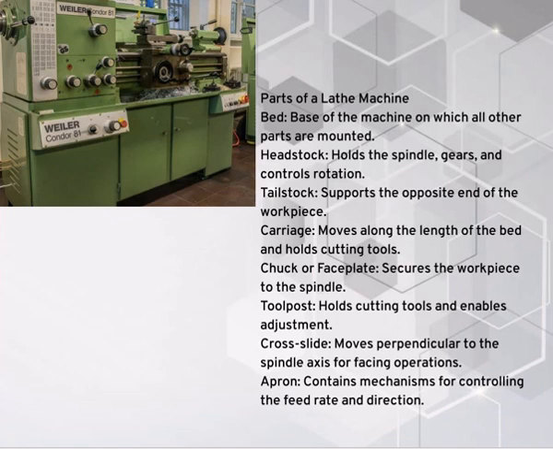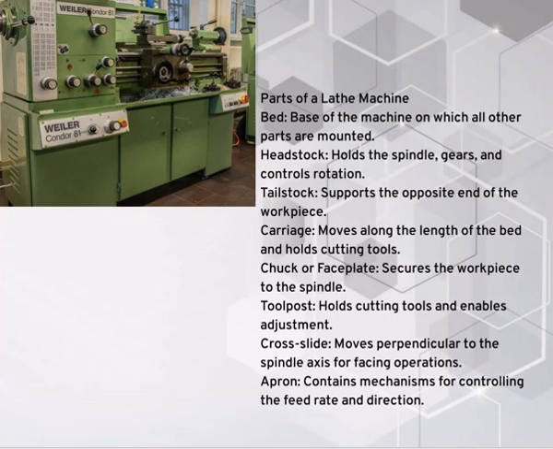The headstock is the part that holds the spindle and gears and controls rotation. The tailstock supports the opposite end of the workpiece. The carriage moves along the length of the bed and holds the cutting tools. The chuck or the face plate secures the workpiece to the spindle.